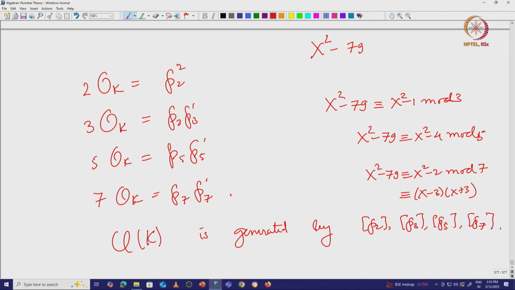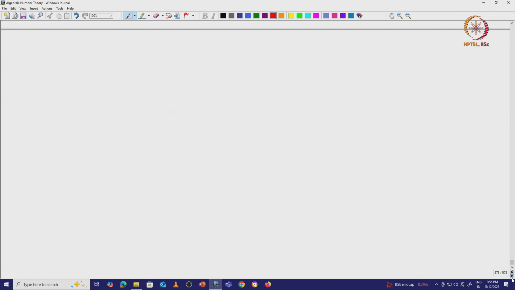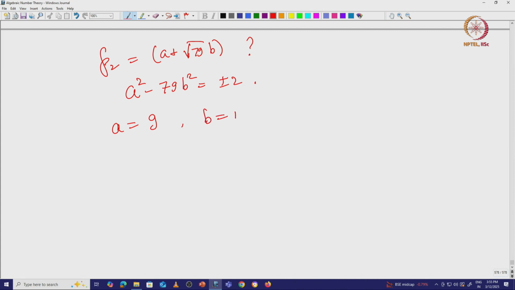So we would like to know if any of these are actually trivial. At least P2 square is 1, so is P2 of the form A plus square root of 79 times B for some A and B? This means that A square minus 79 B square equal to plus minus 2 should have a solution, and this does have a solution. You can take A to be 9 and B to be 1.